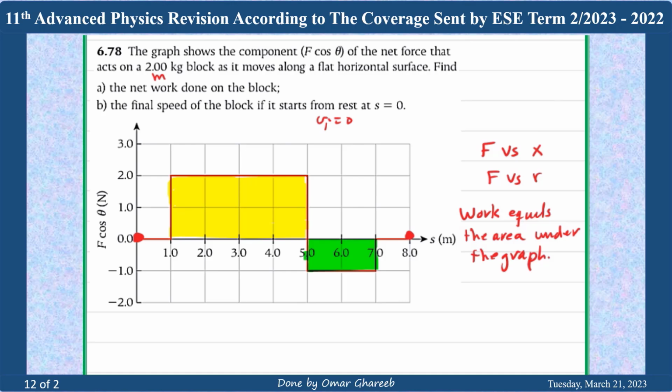Now let's find the length and width of each rectangle. For the yellow one, the length is from 1 to 5, so the length is 5 minus 1, which is 4. And take a look at the unit. It is meter, so it's okay. What is the width?